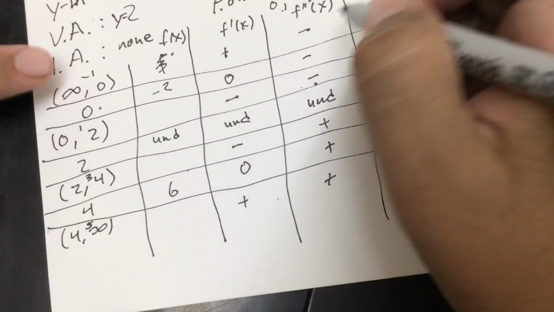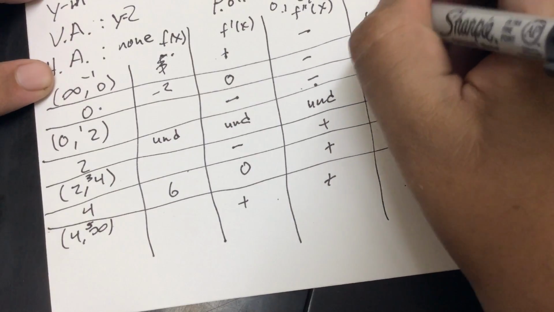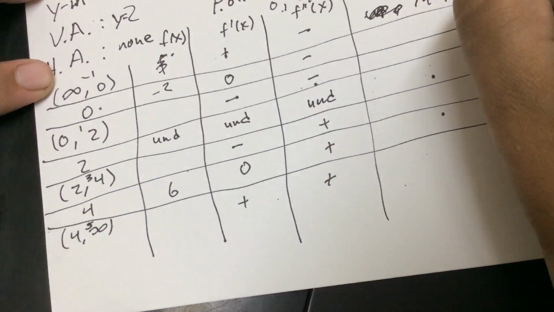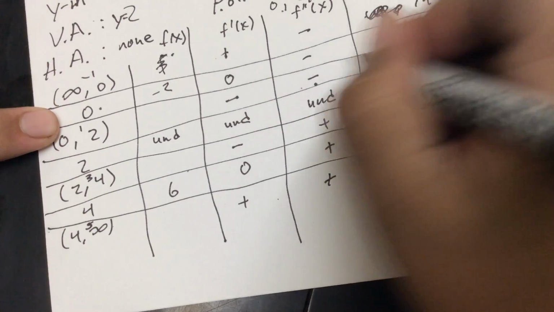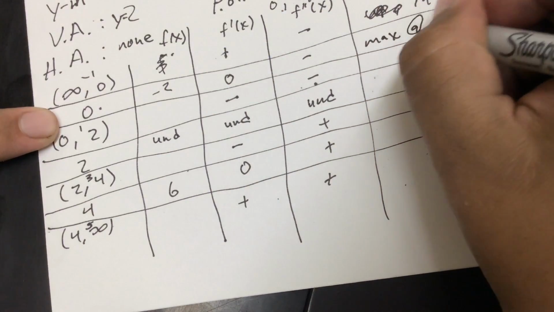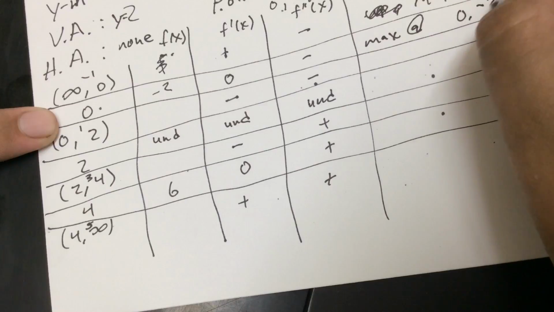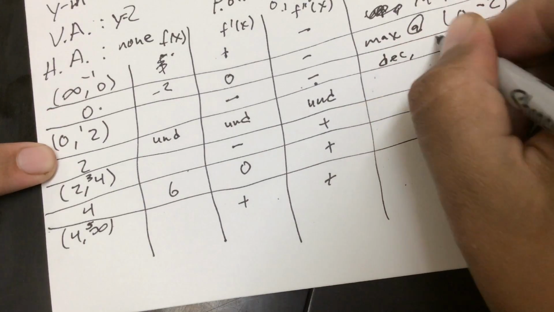So what does that mean? Well, the first one here, we are up, so increasing, and then down. Here we get a 0 and it's a negative, which means it's a max at 0, -2. Here we're decreasing and down.